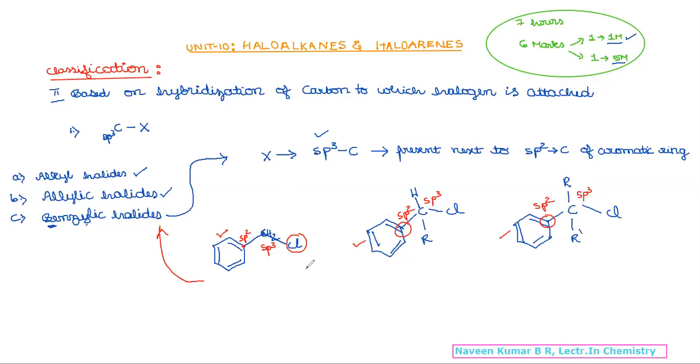But if we observe the difference here, here 2 H and one R group, hence it is primary. Here it is one R group and one more R group, hence it will be secondary. Here the halogen attached carbon is surrounded by 3 R groups, hence it is tertiary. This is just to recall primary, secondary, tertiary.